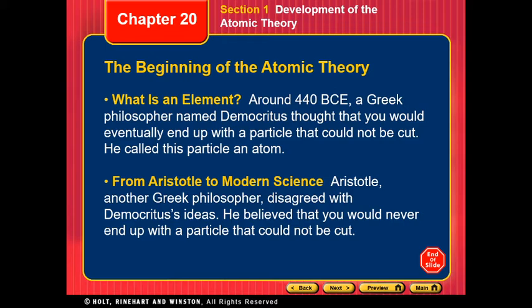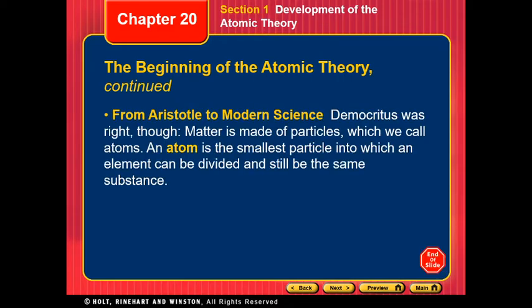And since Aristotle had a strong influence on people's ideas, for a long time people thought that Aristotle was right. But as they experimented and studied everything, they learned that Democritus was right, because matter is made of particles which we call atoms.